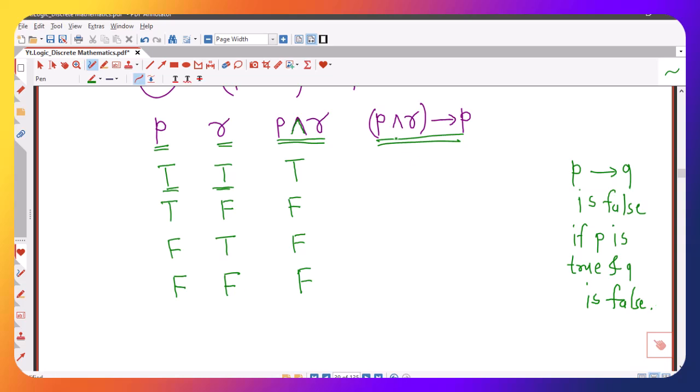Now instead of P we have P and R, that is, we concentrate on this column, and instead of Q we have P here.